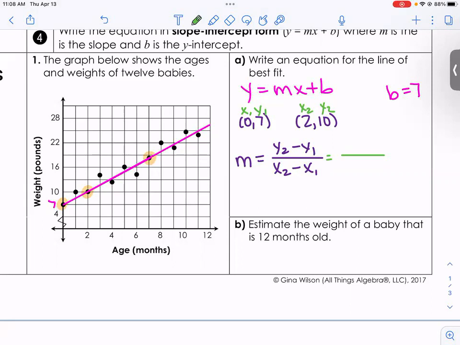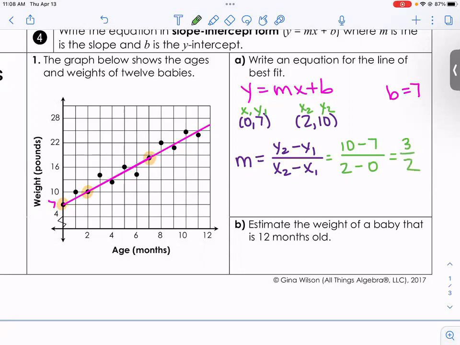In a little bit. Hold on. So it would be. Done. Okay, Ryan wants to explain how we got the slope. Ryan, what do we do? Grab the 10, grab the 7, and you minus that. Okay. And then you grab the 2, and you grab the 0, and you minus that. That's how I got 3 over 2.